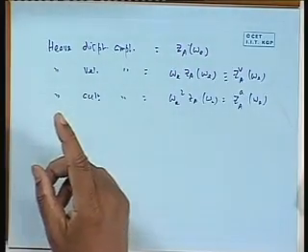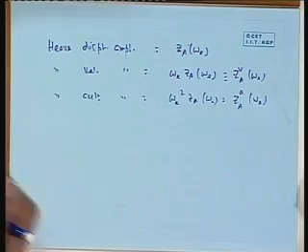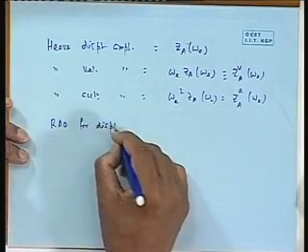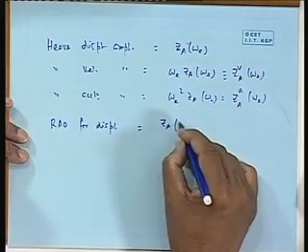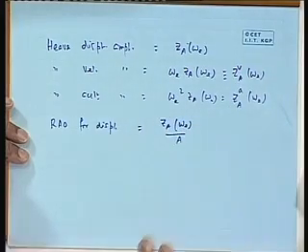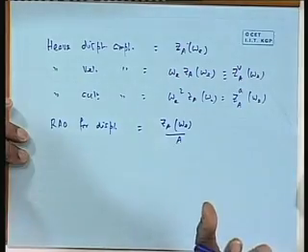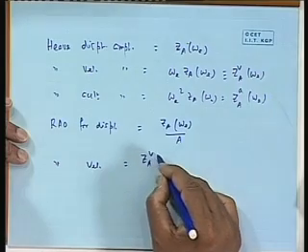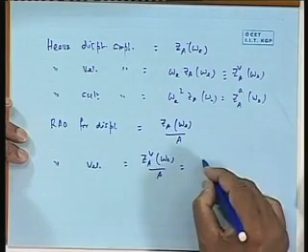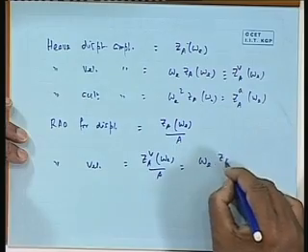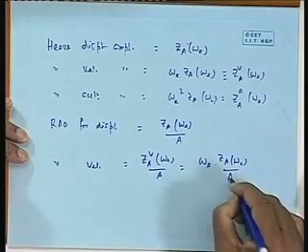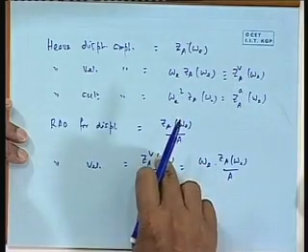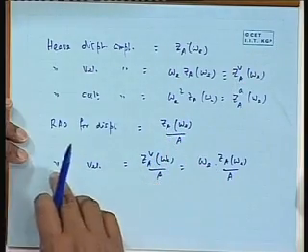What is the RAO for displacement? That is given by Z_A by A, the wave amplitude, right? What is the RAO for velocity? This is Z_AV by A, which is nothing but omega_e times Z_A by A. The velocity amplitude by wave amplitude is the RAO for velocity.